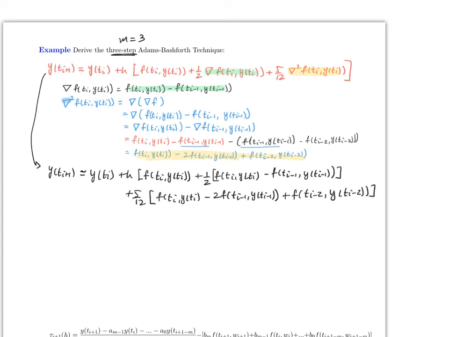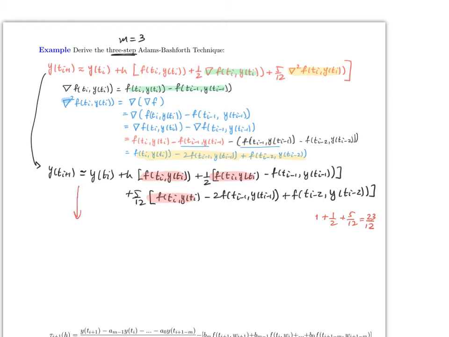Okay. Then once you simplify everything, the algebra is very, very easy from here. For example, you want to simplify this part, you have this, this, and this. So technically, you want to add 1 plus 1/2 plus 5/12. Well, clearly this is 23/12. So this is pretty easy to check.